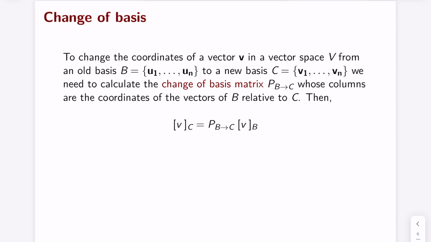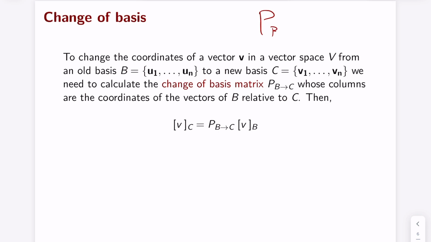So, for instance, to change the coordinates of a vector from a base B to a new base C, suppose that you have the vector given in base B and you want it in base C. Then we first need to calculate what is called the change of bases matrix. This is a very important matrix and has many notations. We are going to use this one because it's very graphical, since it's easy to confuse what is being changed to what.